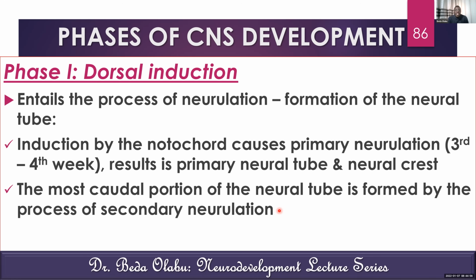If you remember, there's a process there that we talked about, which is called mesenchymal epithelial transition. The cells in the caudal part undergo mesenchymal epithelial transition, and then there is condensation and cavitation, leading to formation of the secondary neurotube.